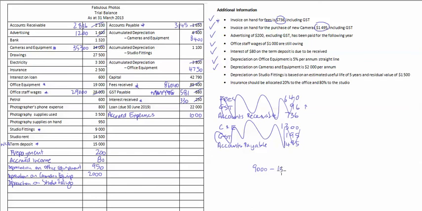So let's take out the 1,500. So that equals 7,500. And we're going to own them for 5 years. So we're going to depreciate by the same amount every year. So let's just divide by 5. And that equals 1,500. So the depreciation is going to be 1,500, and the accumulated depreciation will go up to 2,600.